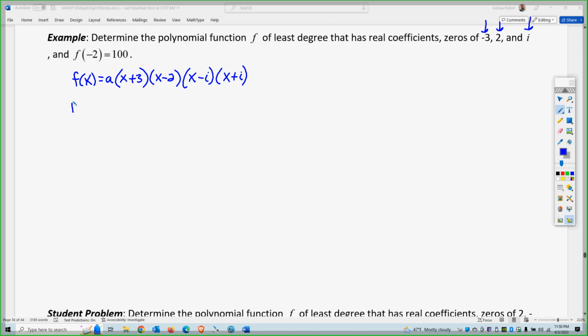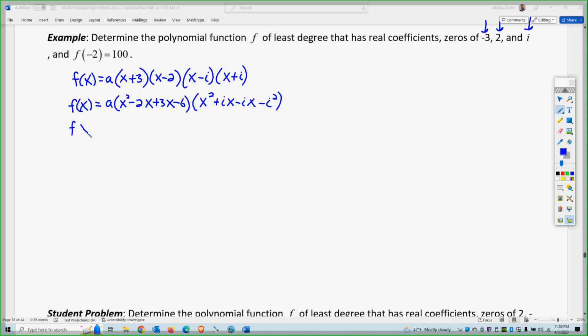Okay, so f of x equals, so similar to the irrational ones, combine the like ones first, don't just go left to right. So x squared minus 2x plus 3x minus 6, right? Because a lot of these will cancel out. So if I combine the i ones, I get x squared plus ix minus i squared.